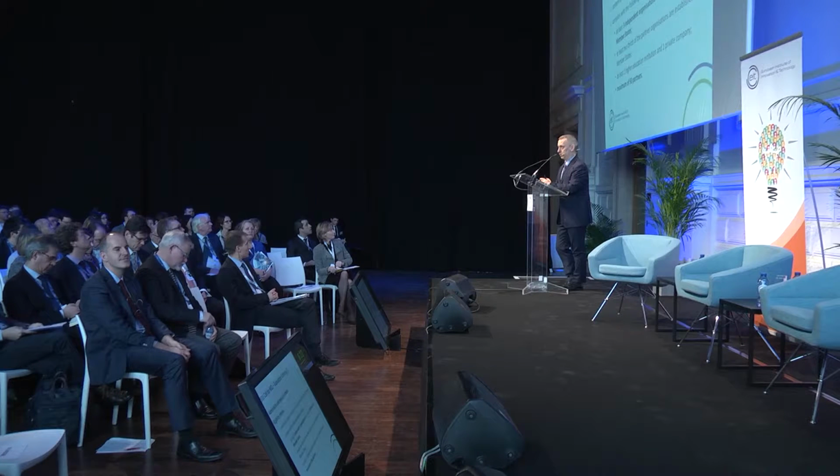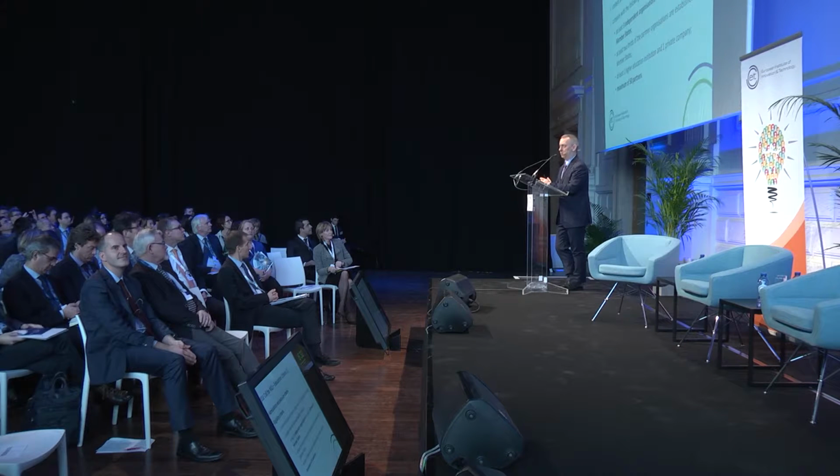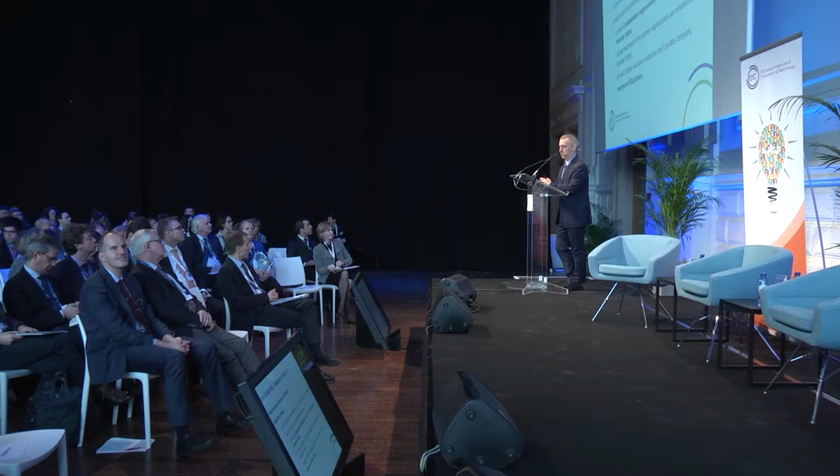Let me tell you a few words about the criteria. I will start with the first phase, admissibility and exclusion criteria. We are going to have 3 admissibility criteria. As I mentioned, we are going to receive the application via the Horizon 2020 submission system, so it will be an automatic check by the system.